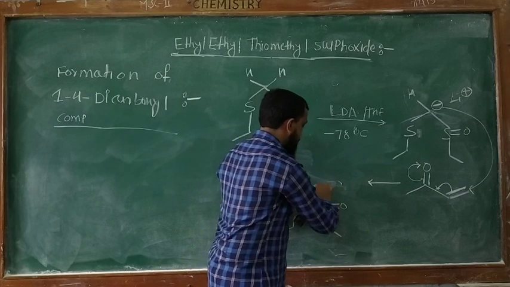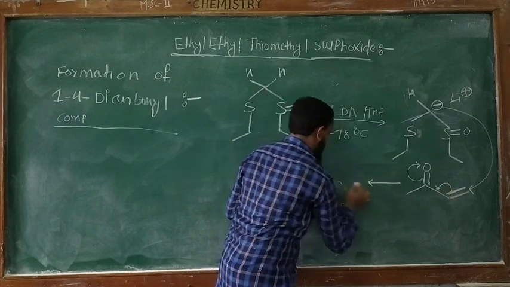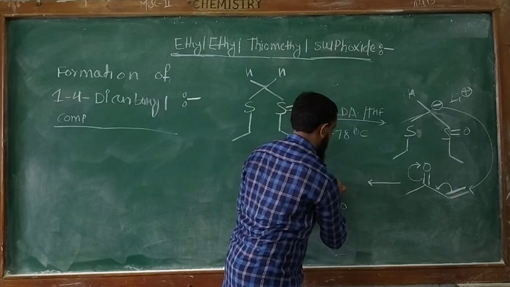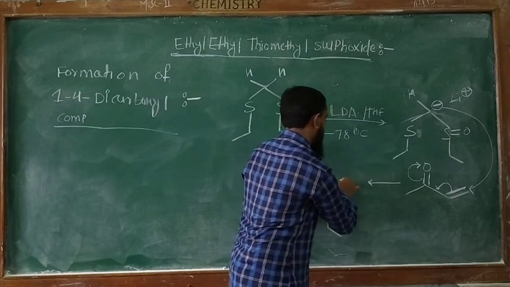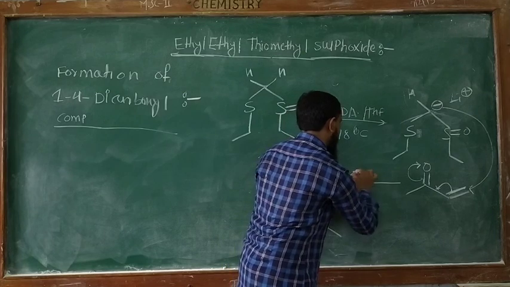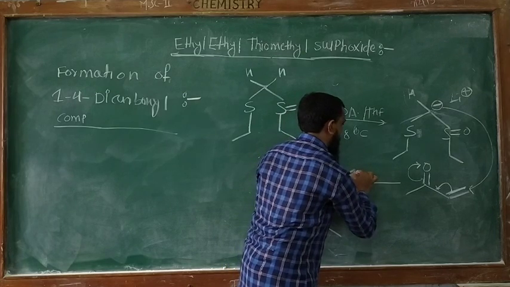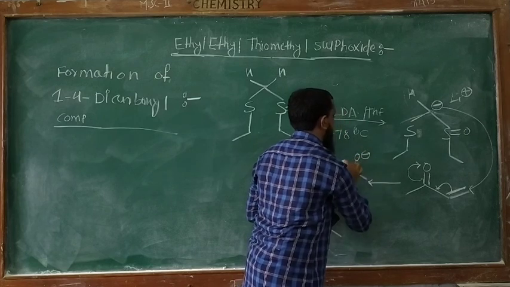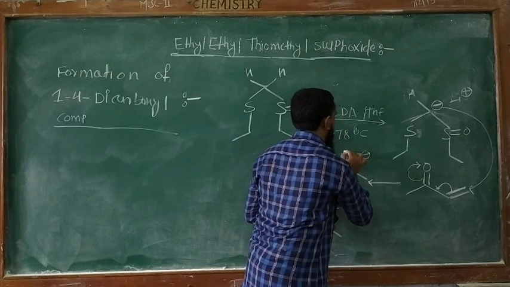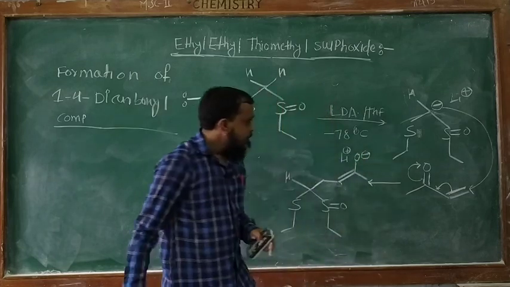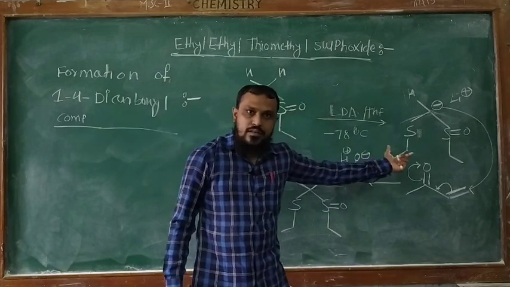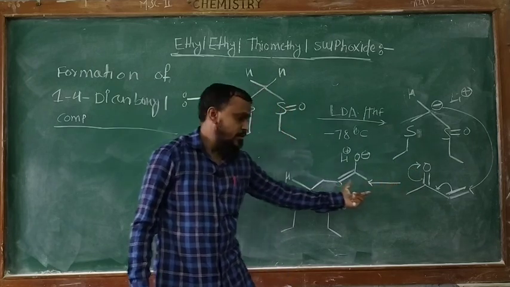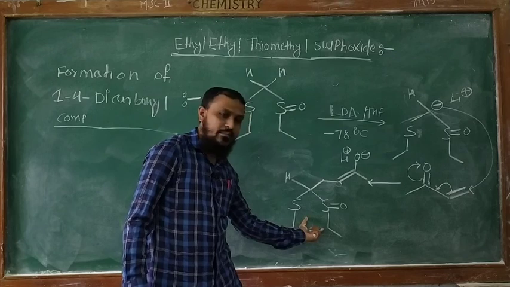Okay, the negative charge is bonded with this carbon atom. The lithiated salt reacts with the alpha beta unsaturated system to get this type of intermediate product.